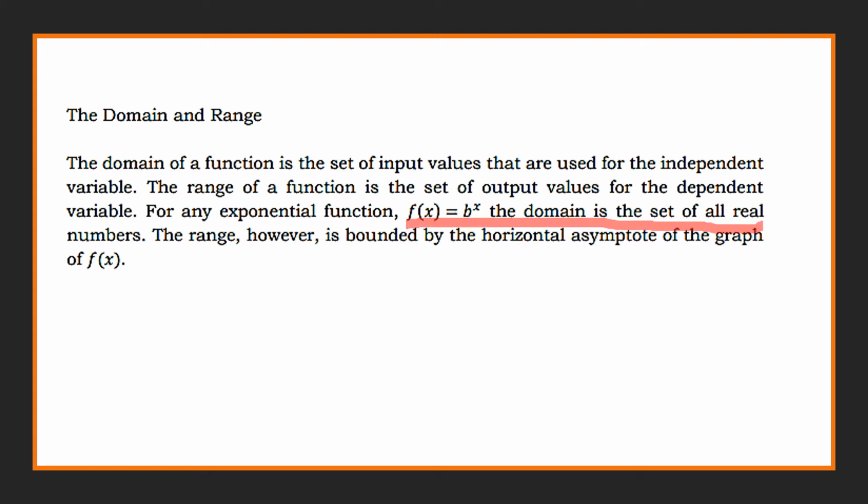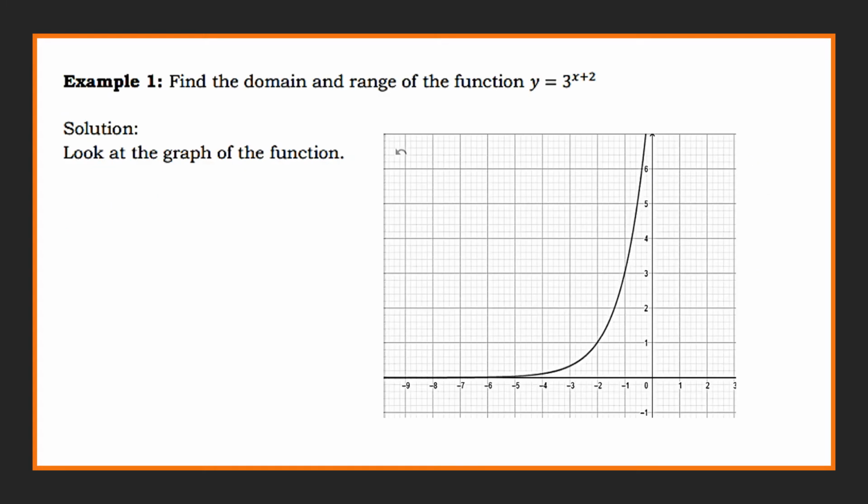Ang domain daw is the set of all real numbers. Ang range, however, is bounded by the horizontal asymptote of the graph of f of x. So, nakadepende si range kay horizontal asymptote ng graph ng f of x. Okay? So, ang domain is the set of all real numbers.